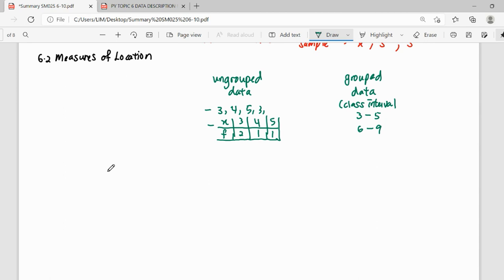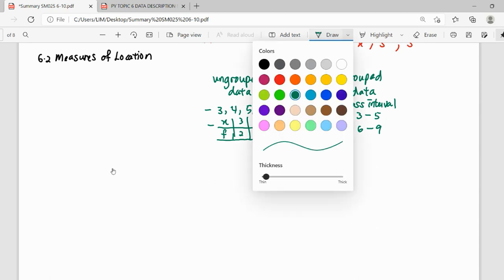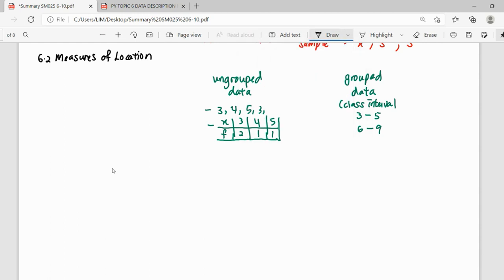Then we can go for the first parameter. We are going to do measurements about location. So what do we mean by measurement about location? We will be going to calculate your mean, your mode, your median, your quartile. For all these, you will need to identify your location first.